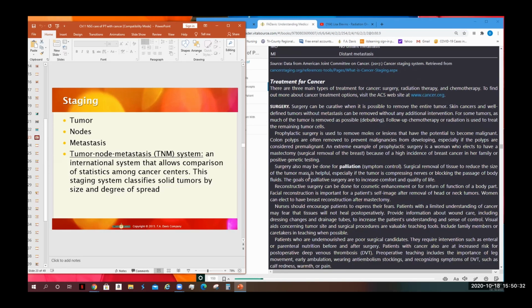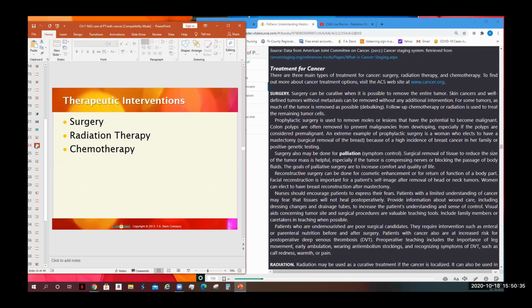Treatment for cancer. There are three main types of treatment for cancer: surgery, radiation therapy, and chemotherapy. To find out more about cancer treatment options, visit the ACS website at cancer.org. Surgery. Surgery can be curative when it is possible to remove the entire tumor.